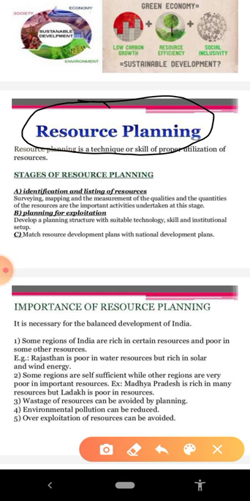Second stage involves the assessment of development of the resources in the form of demand in market, importance to economy, and availability of technology for developing that particular resource.